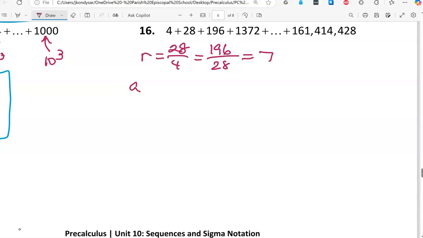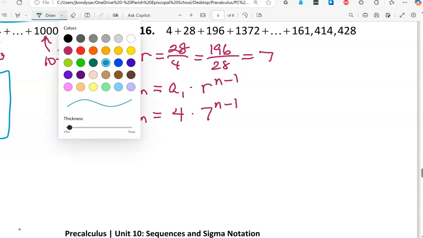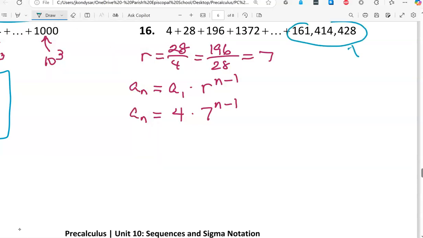In a geometric series or sequence, the general term a sub n is equal to a sub 1 times r to the n minus 1 power. So this is equal to 4 times 7 raised to the n minus 1 power. And we don't know, however, what term number this very last term is, since there are ellipses.